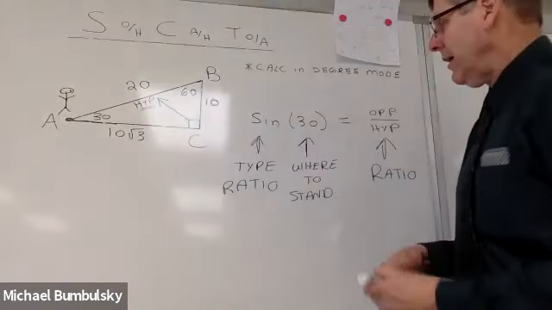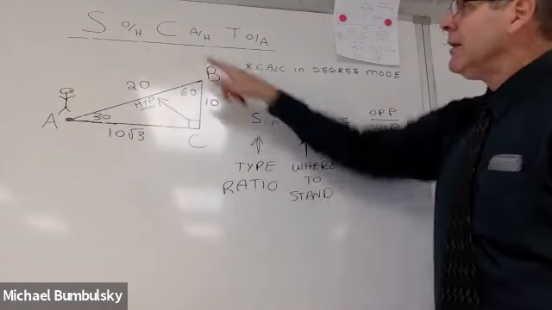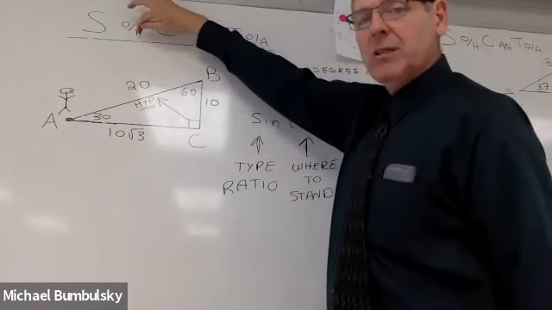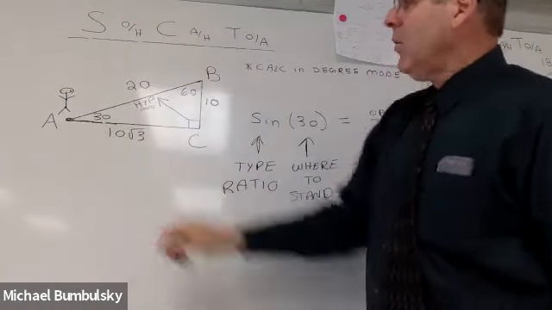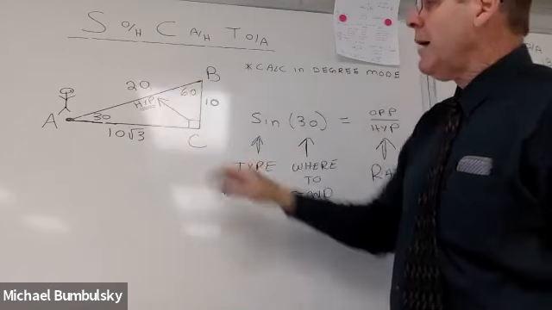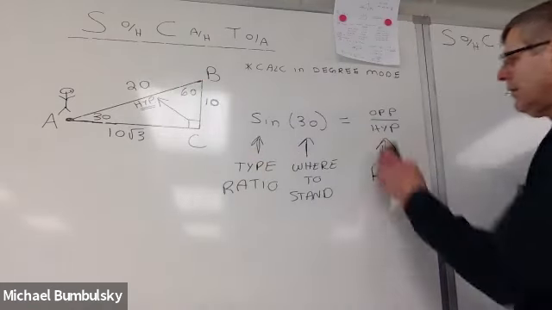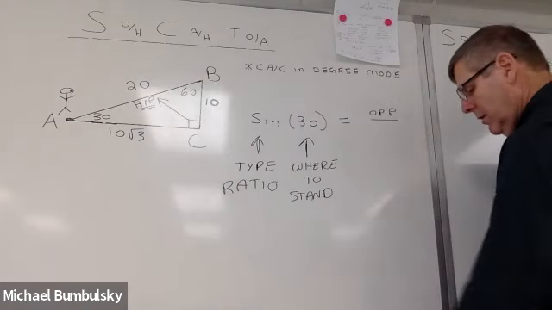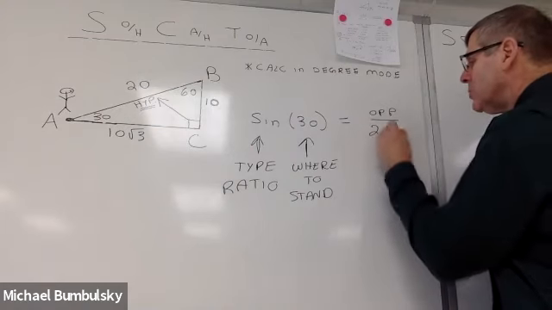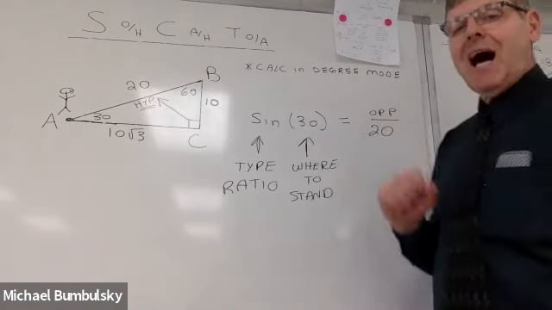The type of ratio I want is opposite over hypotenuse. Well, I already said the hypotenuse never changes, does it? So what is the hypotenuse in this problem? The hypotenuse is 20. But what I have to figure out now is the opposite.